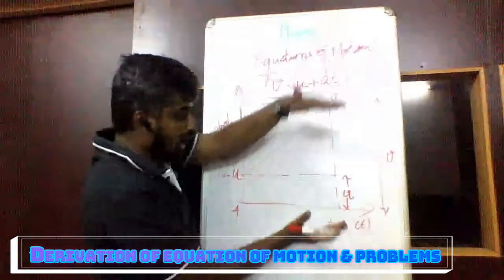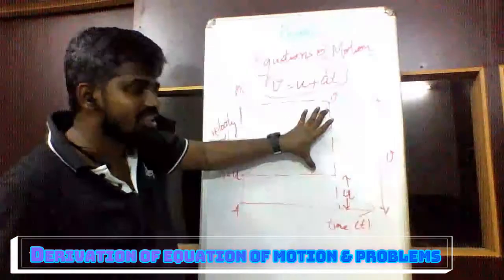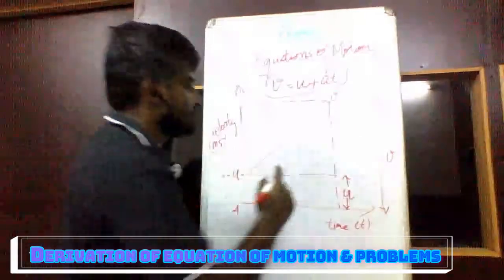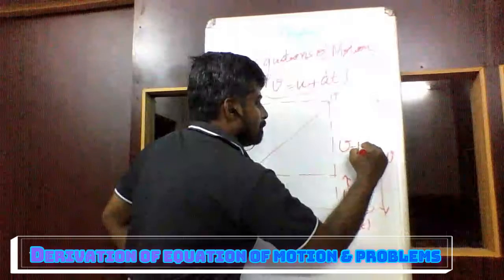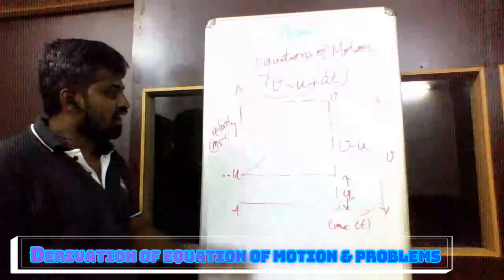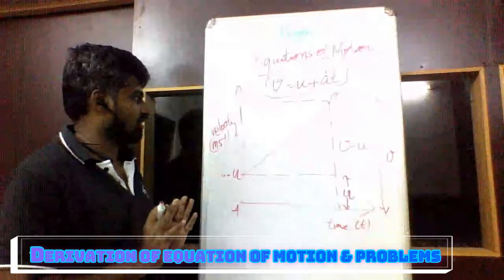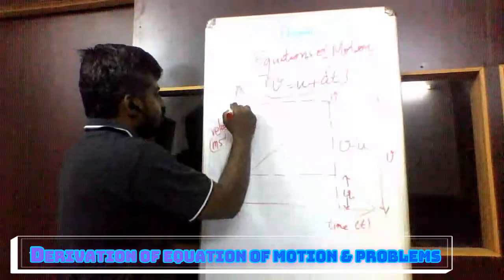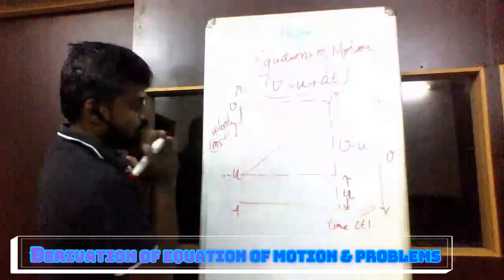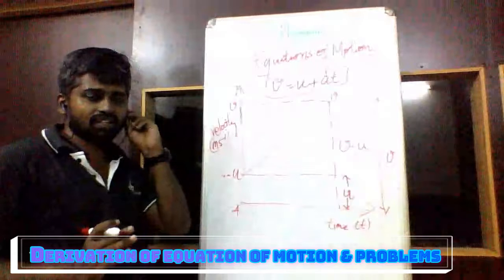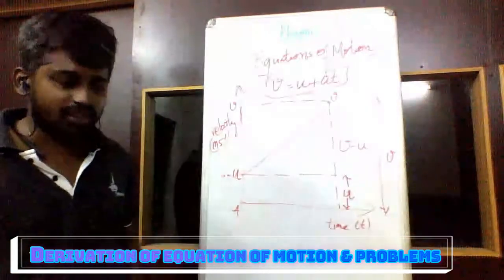So if this is v and this is u, what would this be? v minus u. So v minus u is this part. We are almost done.